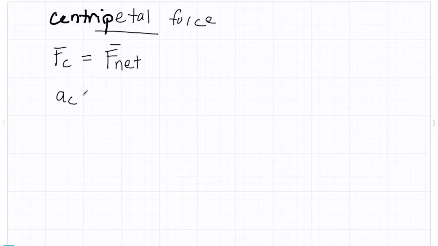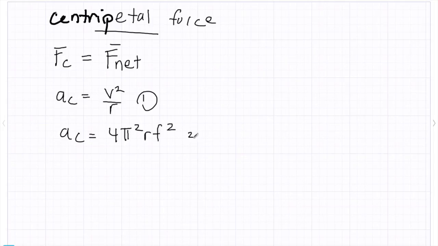We already know three equations for finding centripetal acceleration. The first one is that. The second one is this. And the third one looks like this.